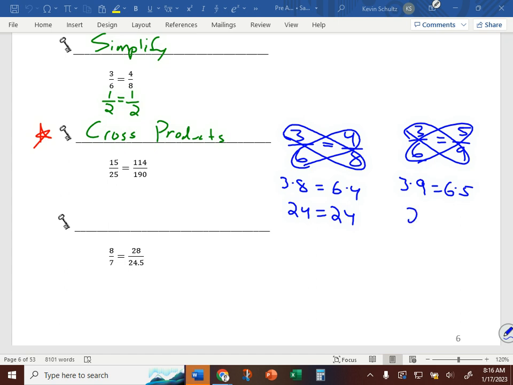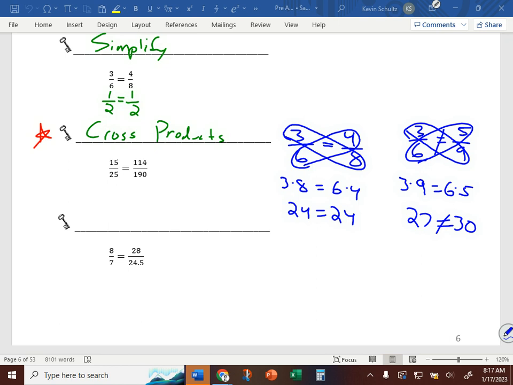No. 27 is not equal to 30. That means that all the way back up here, these are not equivalent fractions. They're not proportional. Okay? So if cross products works out, proportional. If it doesn't work out, not proportional. Pretty easy to do. And like I said, regardless of the numbers that you have, it will always work.